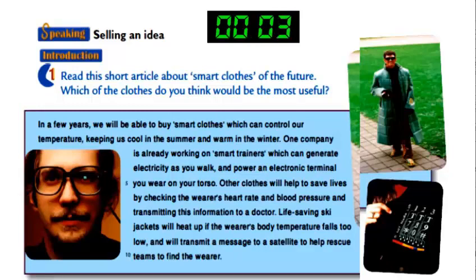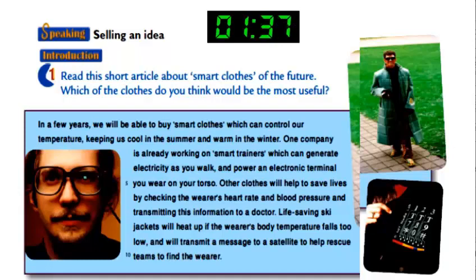So in answer to the question, which of the clothes do you think would be the most useful? Of course, the answer depends from one student to another. As for me, the last one is very important. When we have some information transmitted to a doctor or to rescue teams to find the wearer and to locate him, to find his location, which is very important.